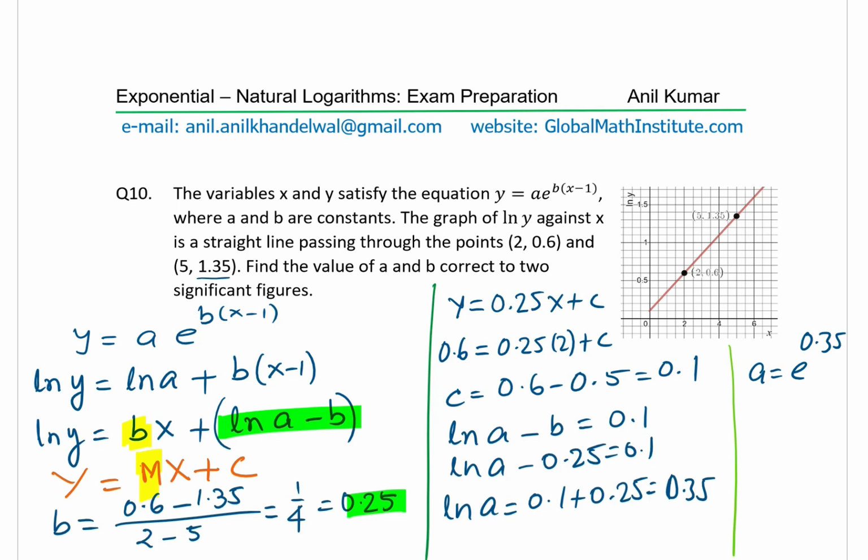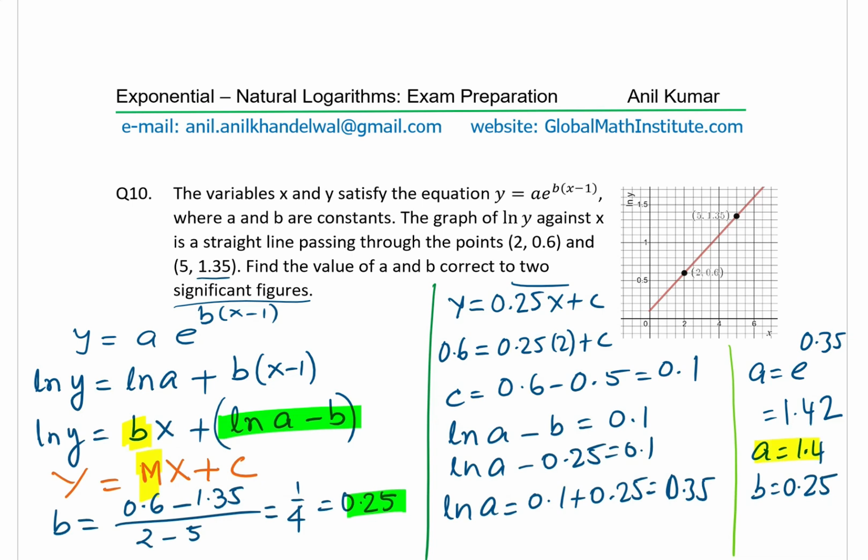So let's calculate this answer. e to the power of 0.35 is 1.4142. Correct to two significant figures, so we'll write 1.4 as our answer. So a is 1.4 and b is 0.25. So that is how we are going to solve this particular question.